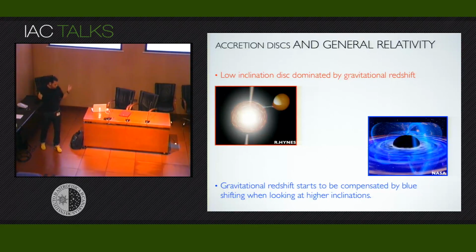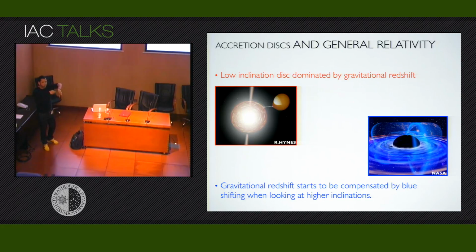in black hole binaries, the matter is falling into the gravitational potential of the black holes. Matter is moving close to the speed of light, so general relativity becomes important. So let's see the effect that general relativity could have in this accretion disk. When we are seeing an accretion disk at low inclination, like this, we have the emission from the disk, normal emission from the disk, but this is affected by gravitational redshift.